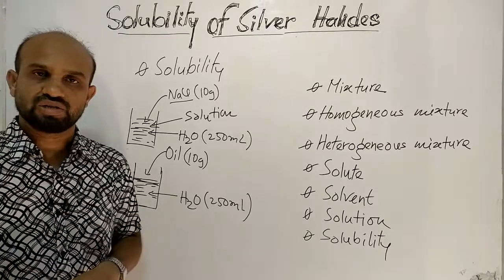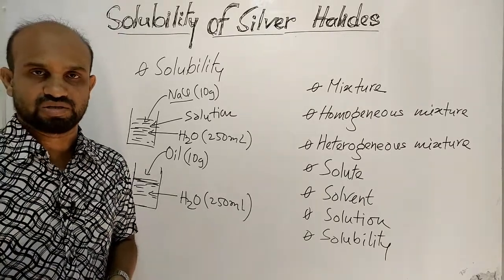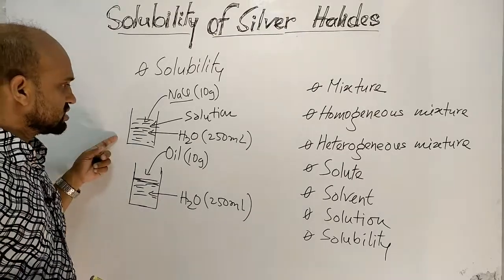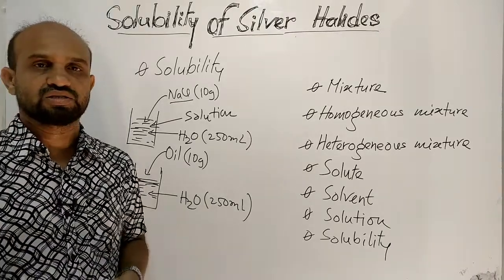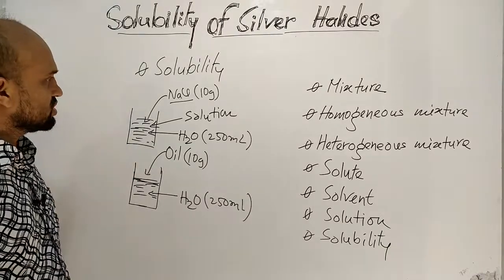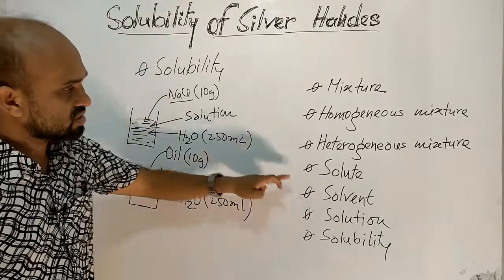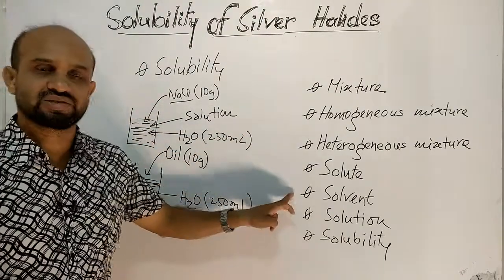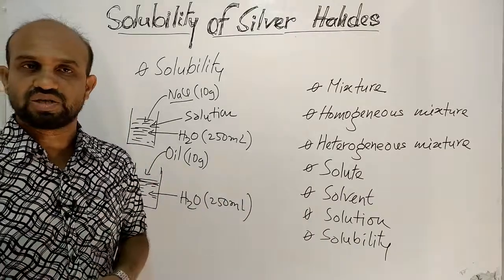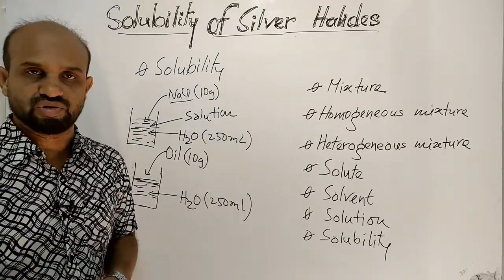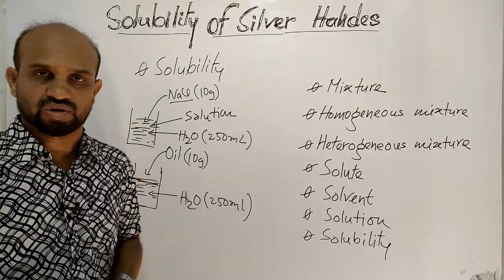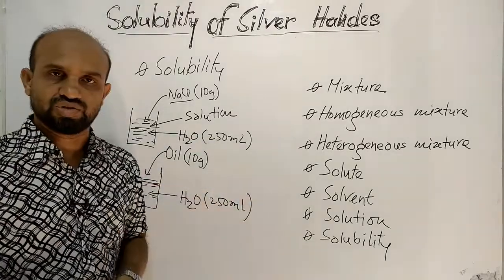So in the solution, the minor component, that is less in amount, is called solute, and the major component, that is more in amount, is called solvent. So here salt is solute and water is solvent. That means solute dissolves completely in the solvent, that is called solution.